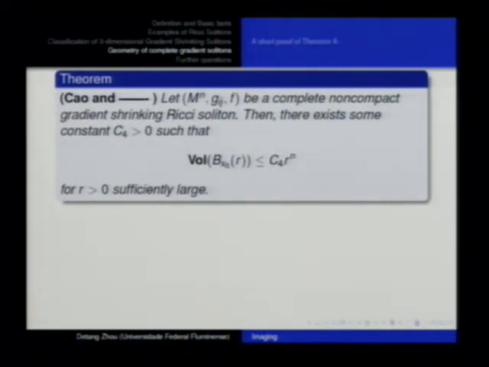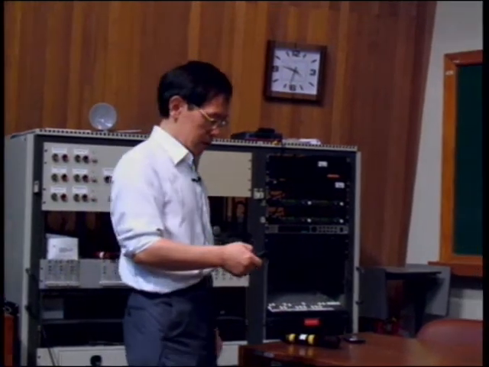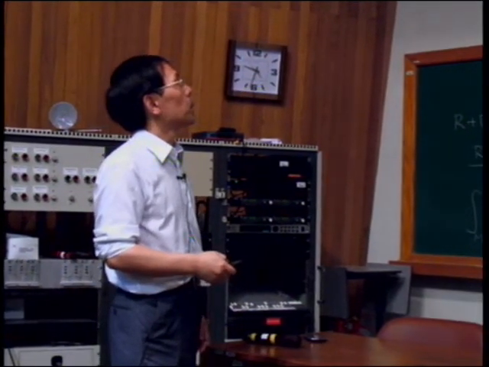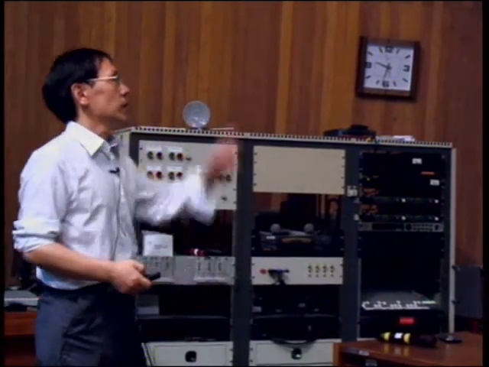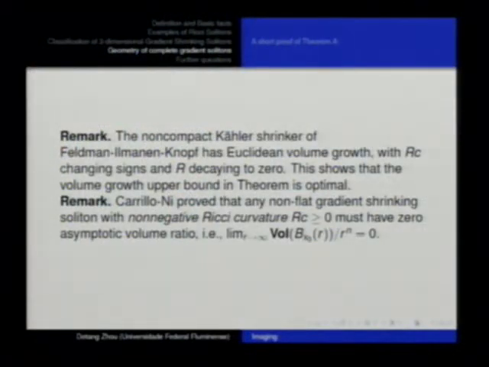So you can do analysis on the gradient shrinking soliton without additional curvature conditions. Again, the estimate is optimal, and actually Carrillo and Ni proved that if it's non-flat with non-negative Ricci curvature, the limit has to be 0.